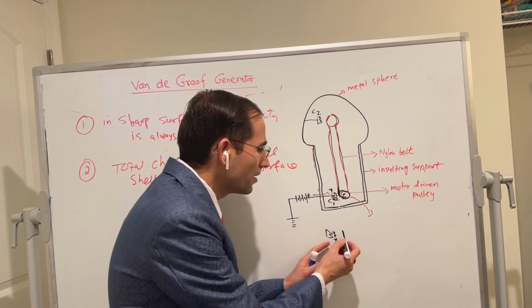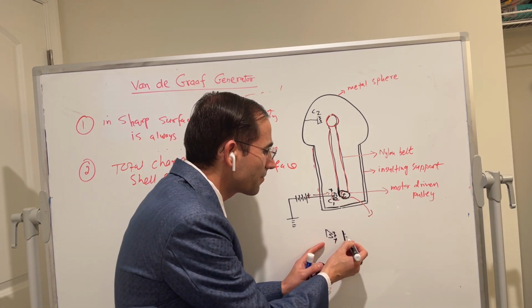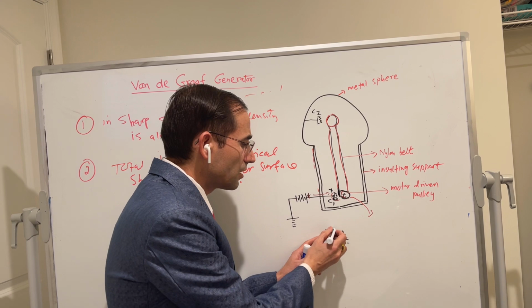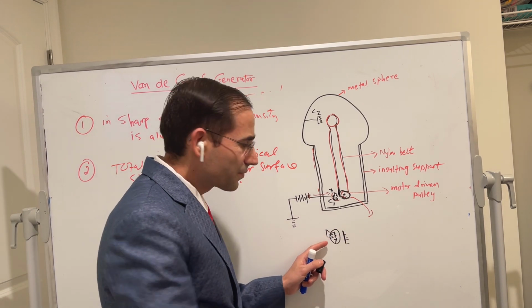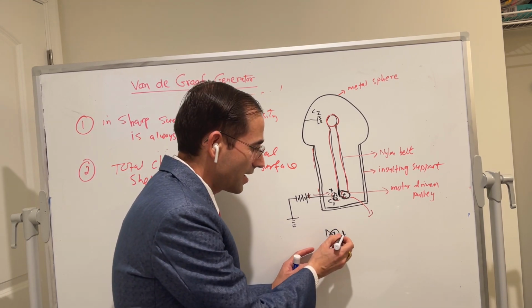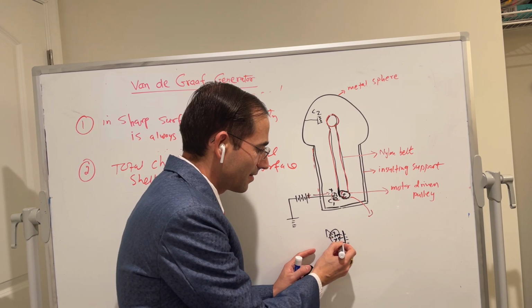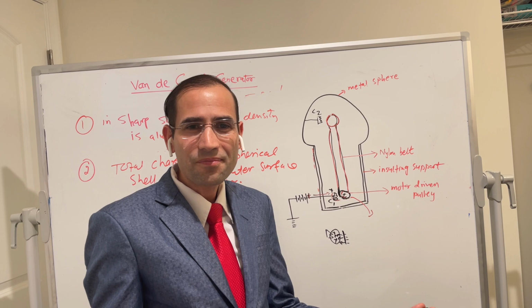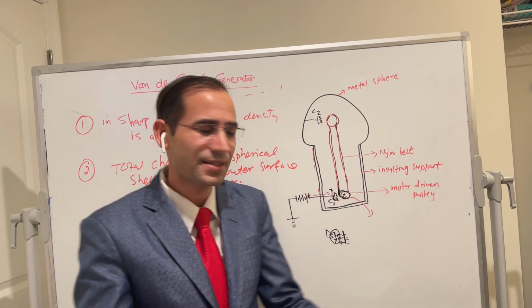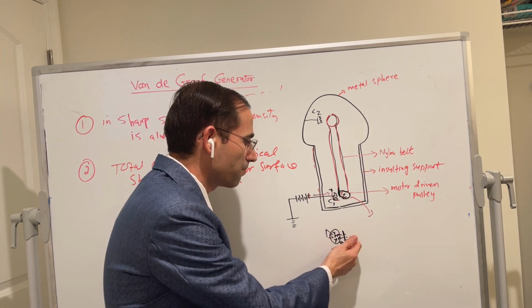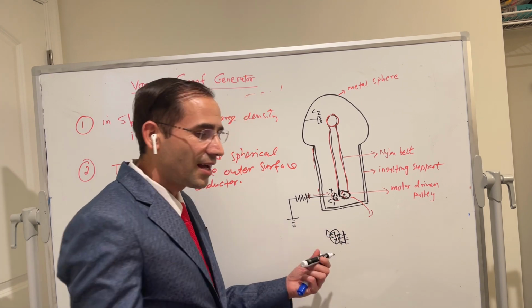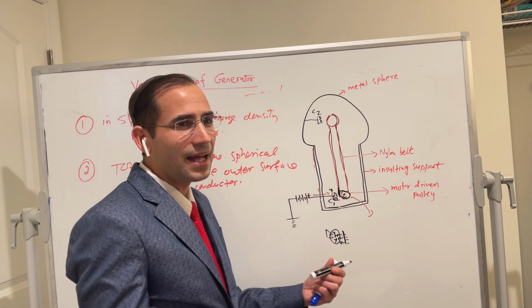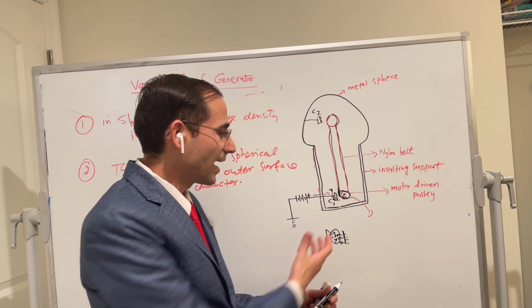But when the electrons on the belt see the positive charges nearby, they attract. That's why they discharge using the air, right? They cancel out. You can see that minus charge comes to the plus charge, and you see the spark, or the discharge.